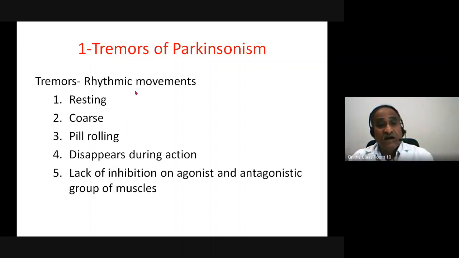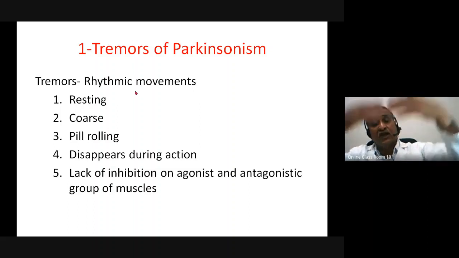And these tremors disappear when the person begins to perform an action. It is because of the lack of inhibition from the GPi, the basal ganglia output, reaching the pedunculopontine nucleus, because the pedunculopontine nucleus controls the pattern of activity of these rhythmic actions of the agonist and antagonist groups of muscles, in addition to the cortical influences.